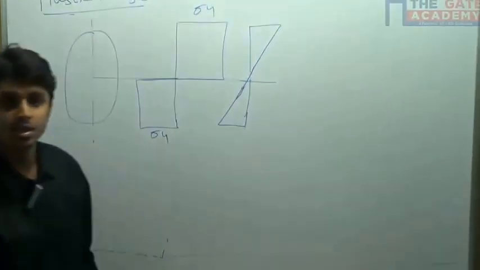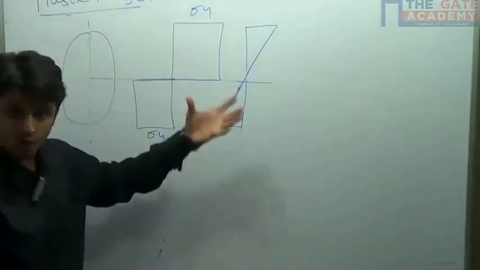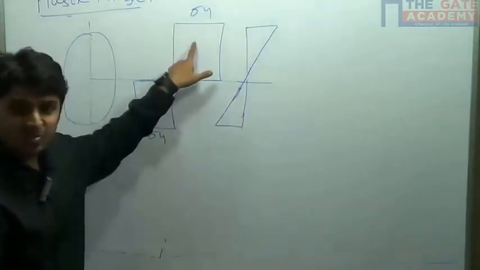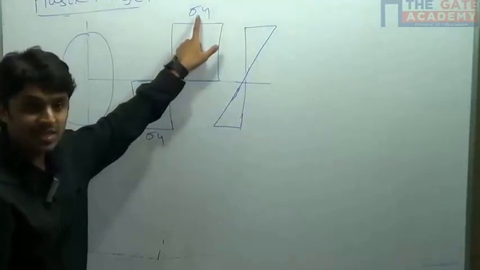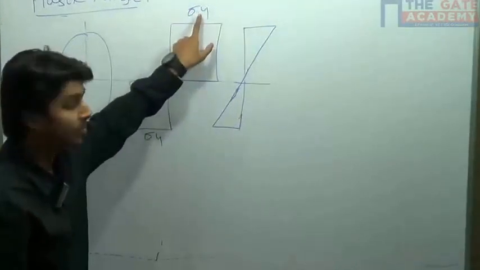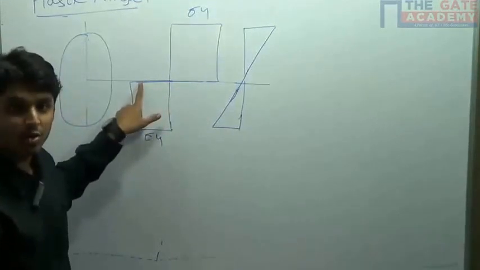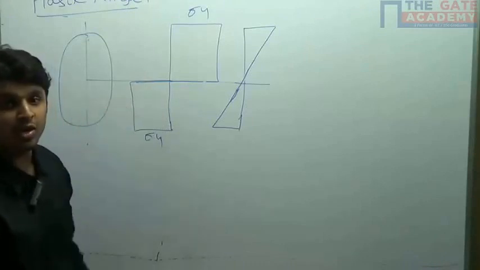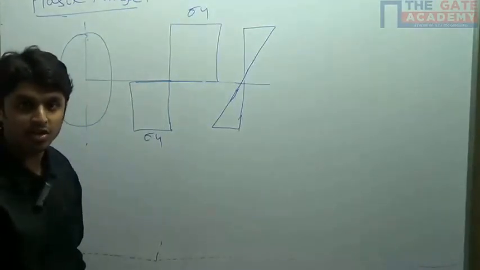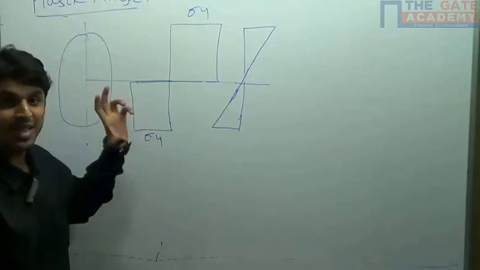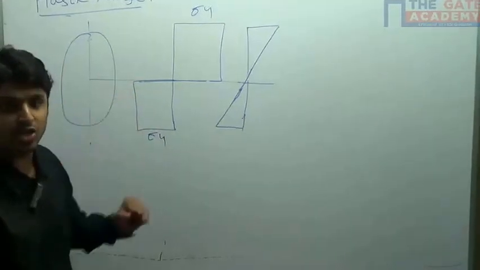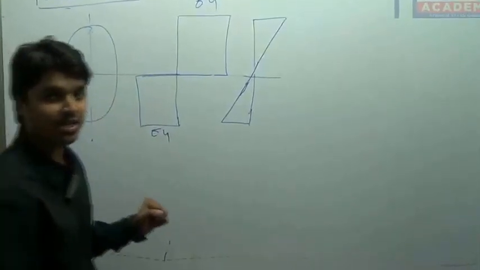Now, when you apply the load, once the plastic moment is reached, the entire section will yield from top to bottom. All the fibers of the cross section have reached the yield stress. Then such a section will undergo infinite rotation. Then you can say that a plastic hinge is generated in that particular section.